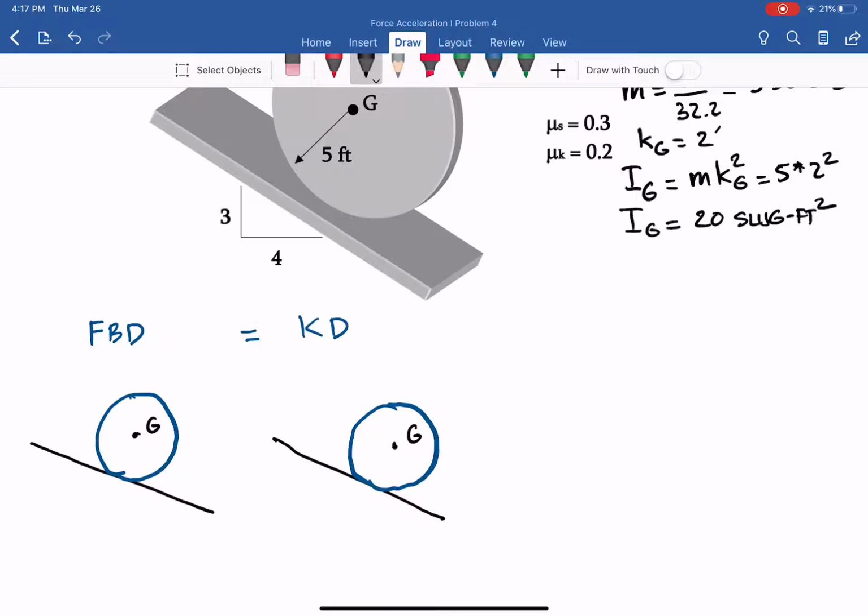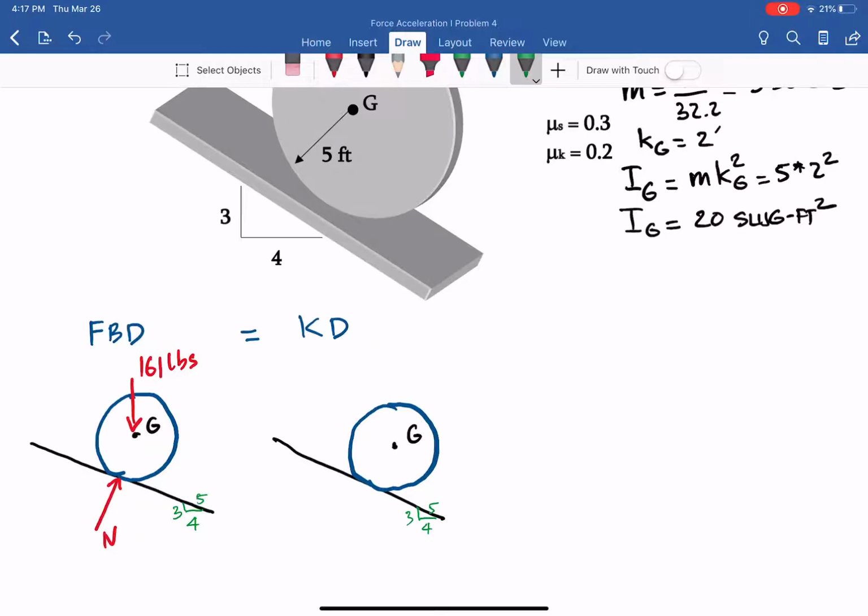The left side, free body diagram, the first one, you see the weight, 161 pounds. We have the normal force perpendicular to the surface at the point of contact, that is N. Then the inclined surface 3-4-5, you see 3-4-5.